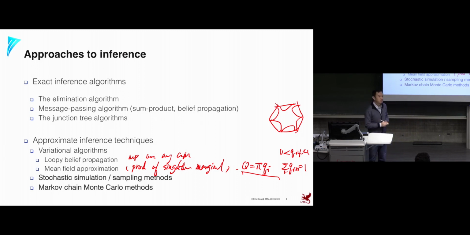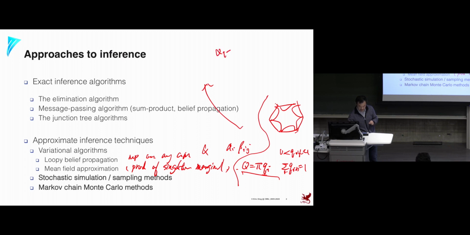And then in loopy BP, it's a little bit abstract because you never see that Q explicitly, right? All you care about is really just singletons, which we call alpha_i, and pairwise, which are called beta_ij, right? And also there are the local consistency constraints, right? So let's divide this.